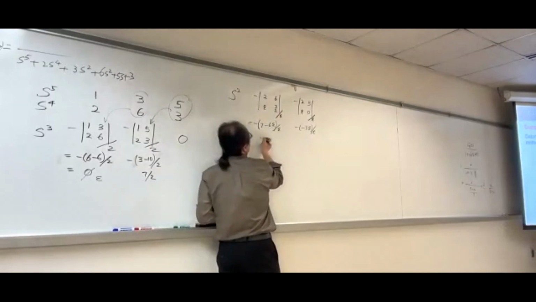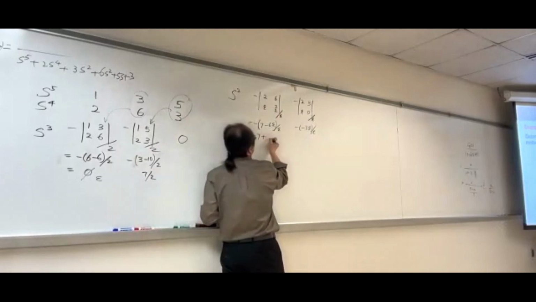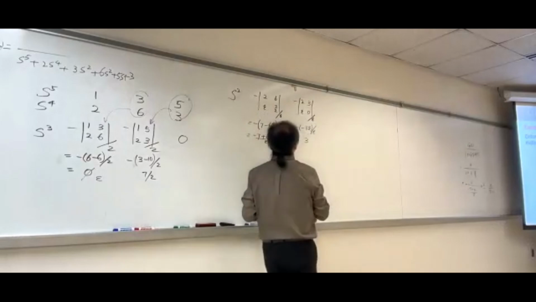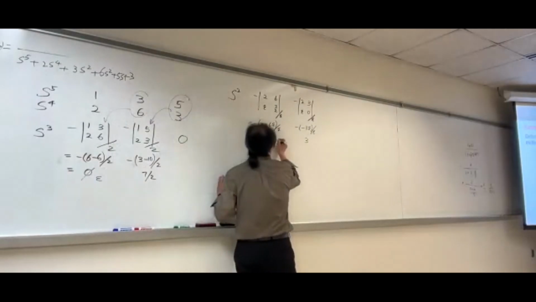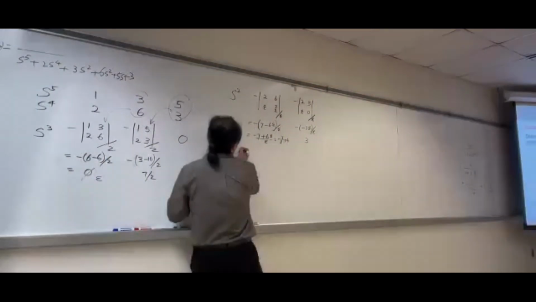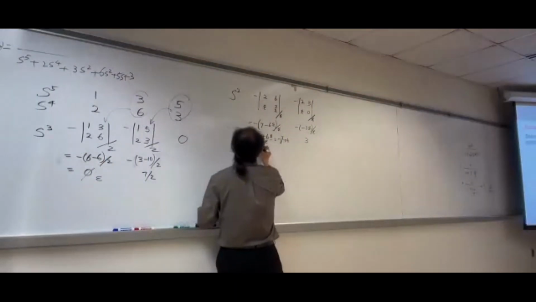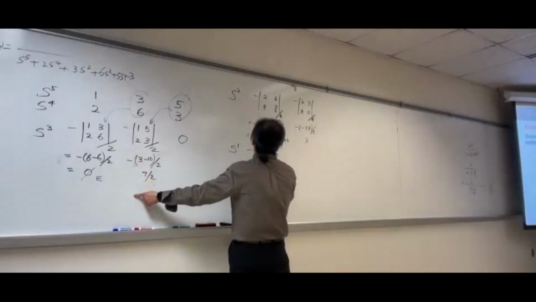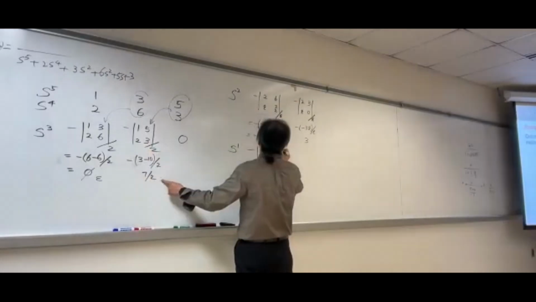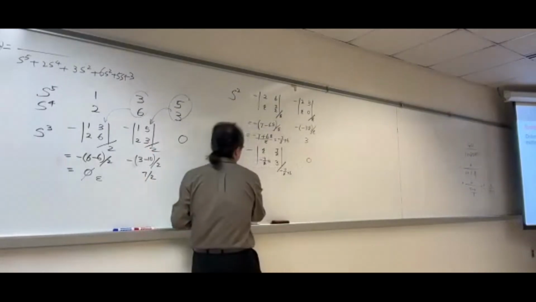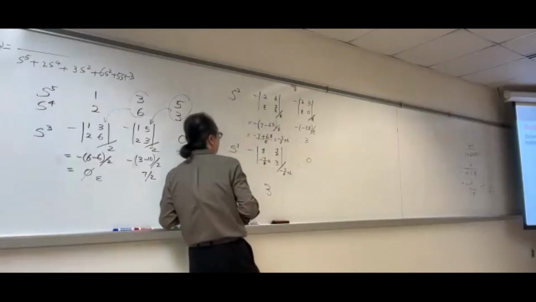And this equals negative 7 plus 6 epsilon over epsilon. This one is 3, and this is negative 7 over epsilon plus 6. And then S1 is negative 2 epsilon, negative 7 over epsilon, 7 over 2 plus 6. Thank you. And S0 is going to be 3.